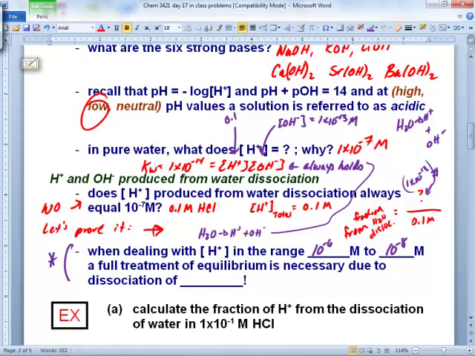When you take a strong acid, one of our 6, and the concentration is in that range, 10 to the negative 6 to 10 to the negative 8, then you have to worry about a full systematic treatment of equilibrium due to the dissociation of water.